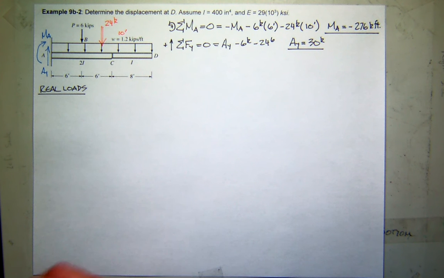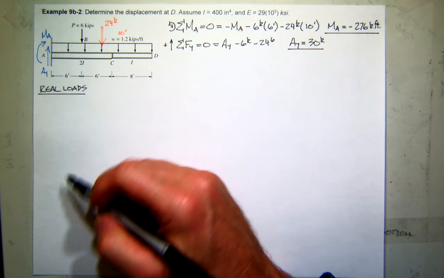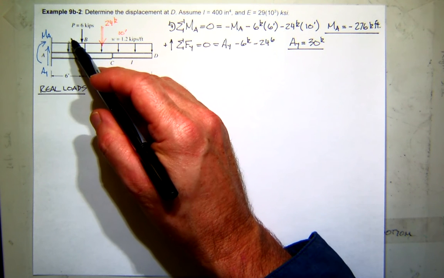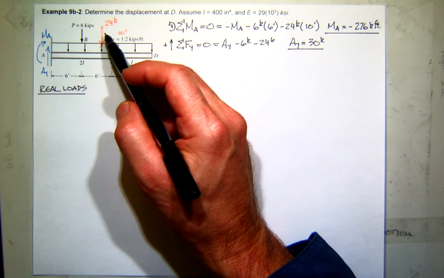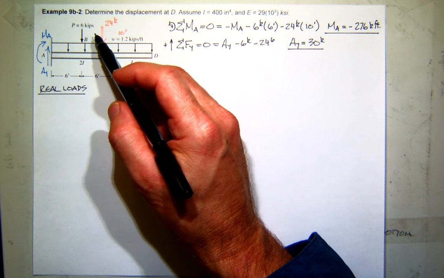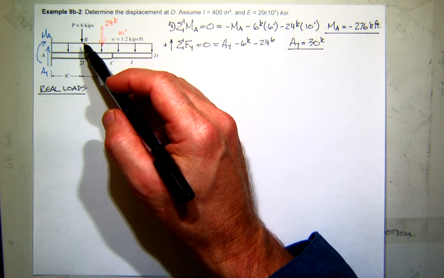You mean how I break the moment into two segments? Yes. Well, that's because there's an applied load there. We know what's going to happen to the moment when you go under an applied load. It's going to change direction.